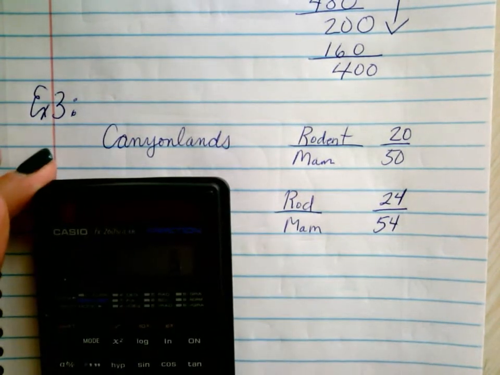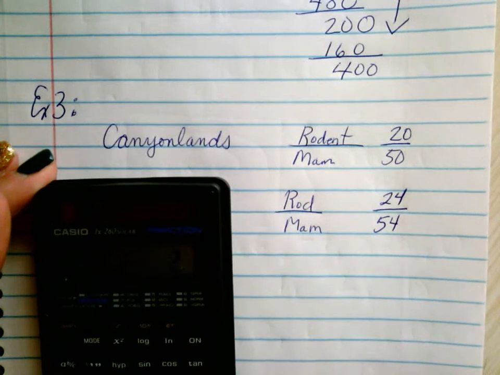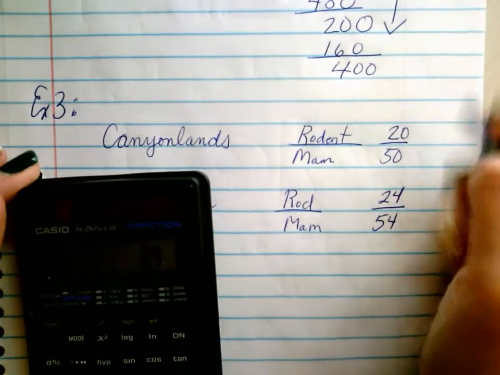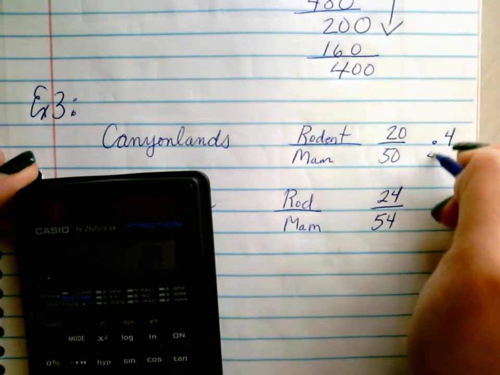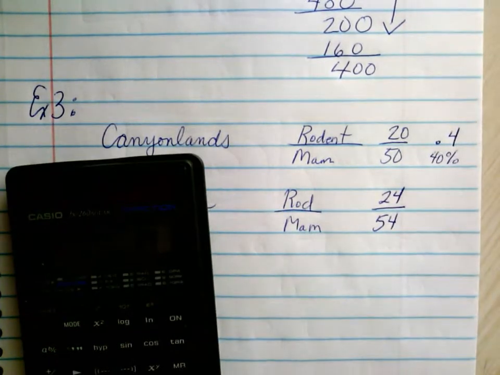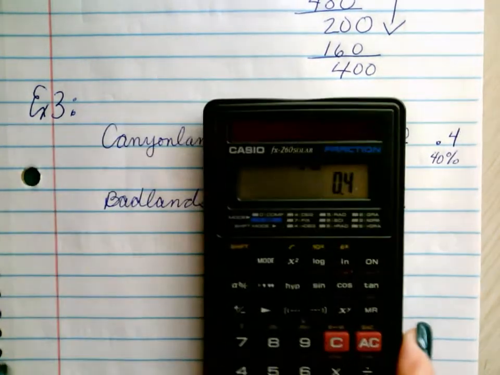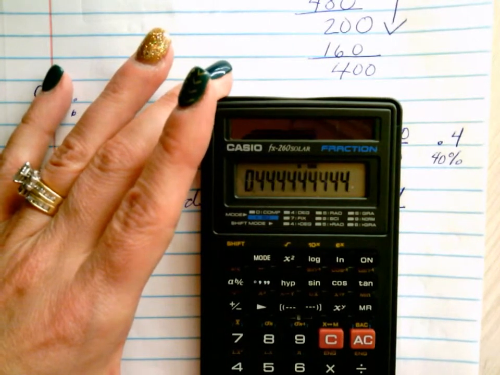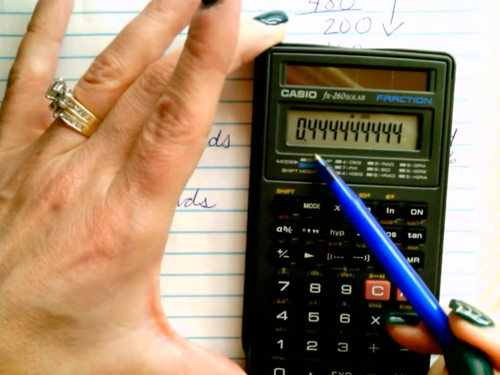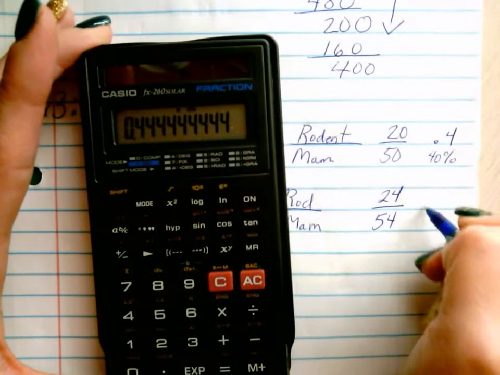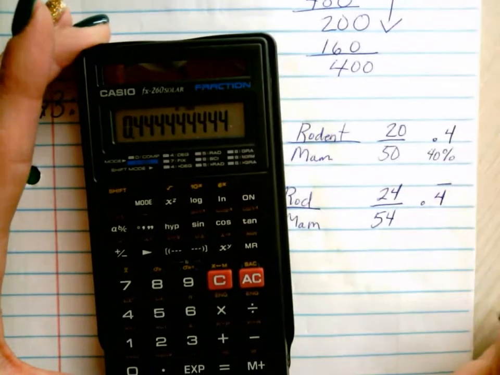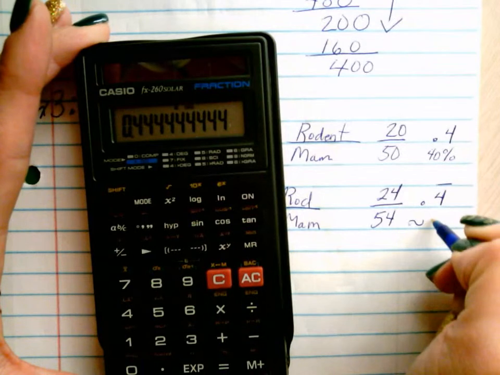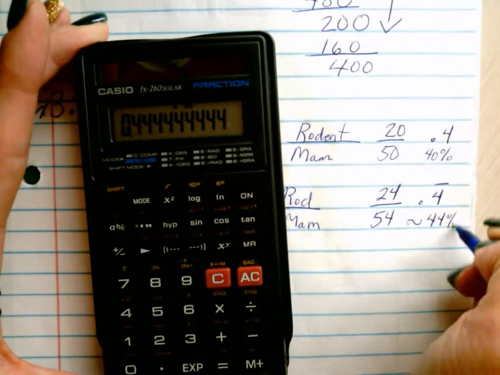20 divided by 50 is 0.4, otherwise known as 40%. Would you agree with me that 0.4 is 40%? 24 divided by 54 is 0.4 with a repeater 4, which is approximately 44%.